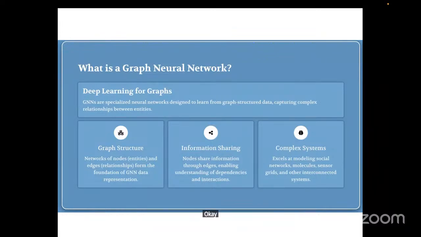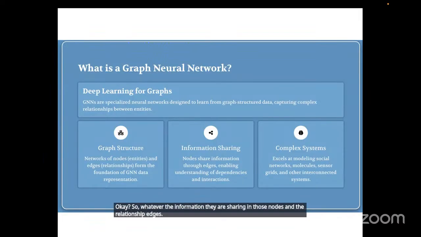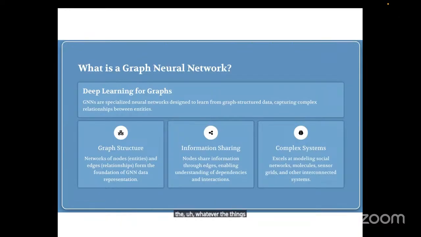Whatever information they are sharing in those nodes and relationship edges, whatever things they are passing through different nodes, all those things we are capturing through the graphical neural network. This helps us excel in complex modeling: social networks, molecules, sensor grids or interconnected systems.